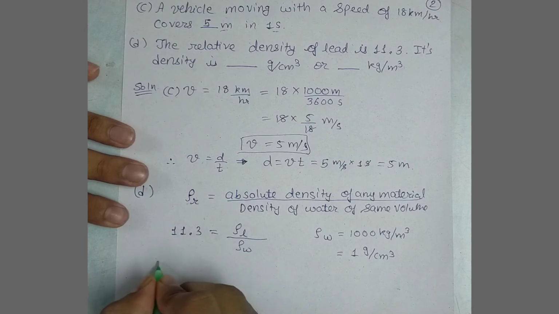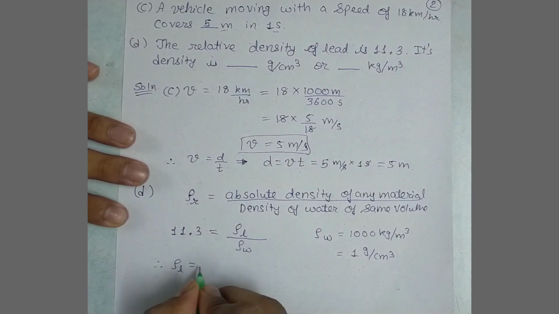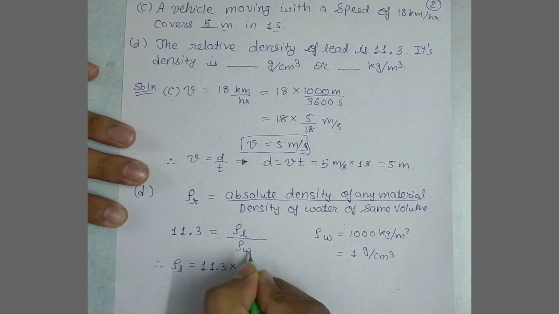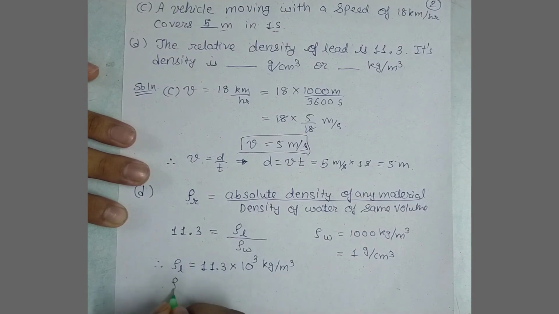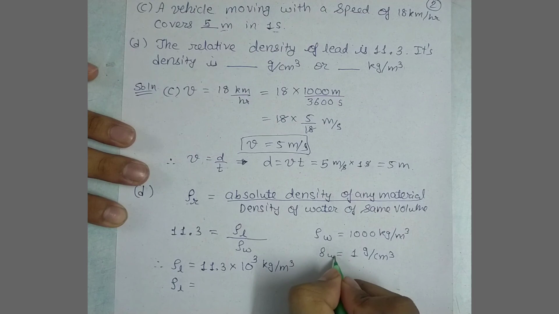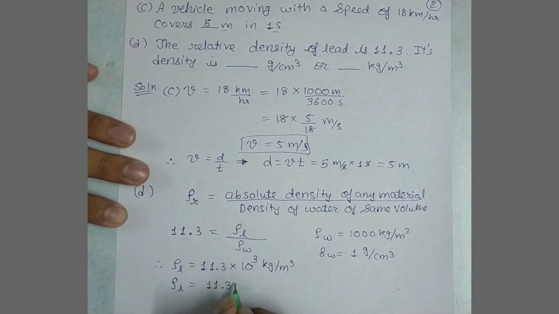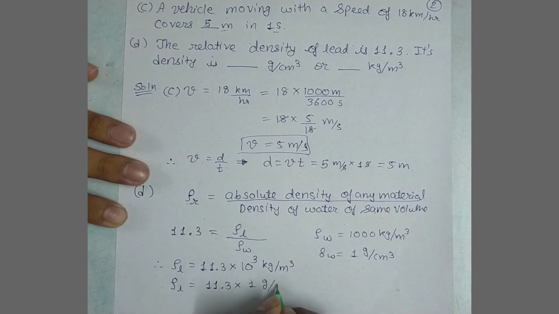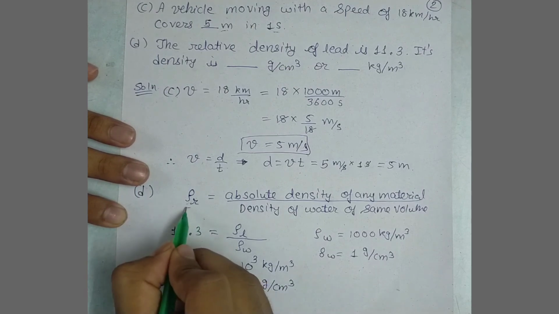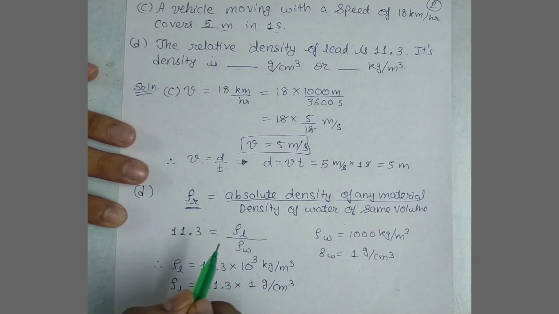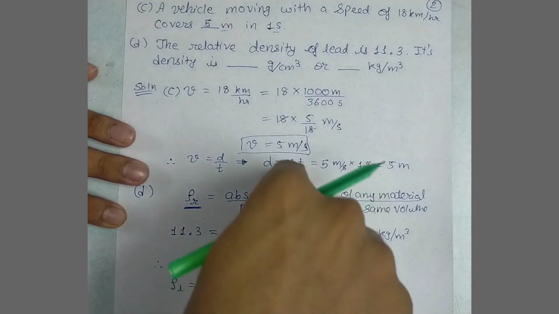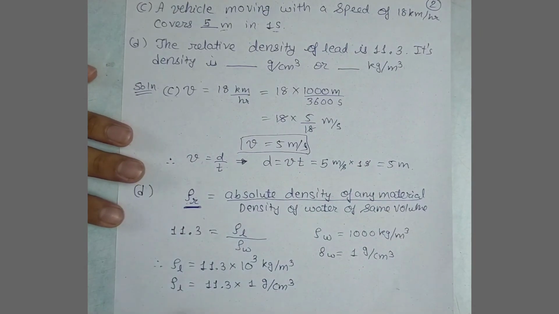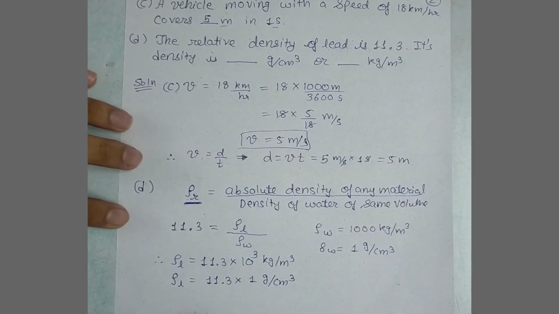Therefore the density of lead turns out to be 11.3 multiplied by, if you put SI units here, 10 raised to 3 kg per meter cube, and if you put CGS units here, then 11.3 into 1 gram per centimeter cube. A very specific thing to notice is that relative density is a unitless quantity which relates two densities. Okay, so here we have completed the first problem.